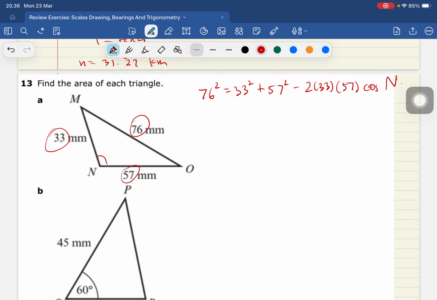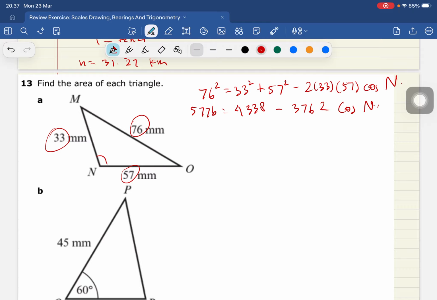Let us finish it with a calculator. 76 squared is 5,776, and then 33 squared plus 57 squared is 4,338. We minus 2 times 33 times 57, which is 3,762, and then we multiply with the cos of n.